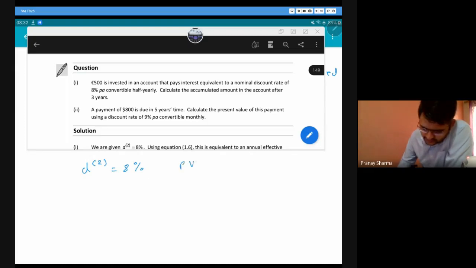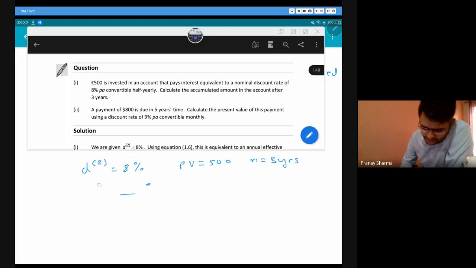Our present value is 500 and our N is 3 years. So either we can convert this into D and then solve it. If you're converting it into D, then you can convert it into I to find your future value, right?